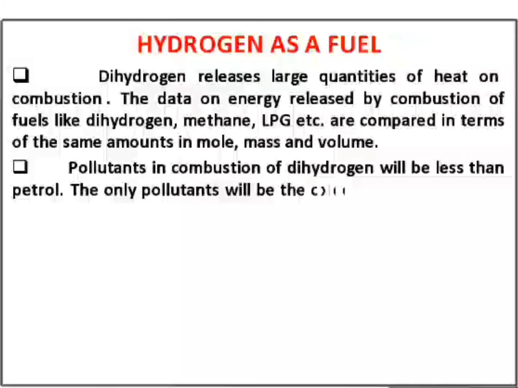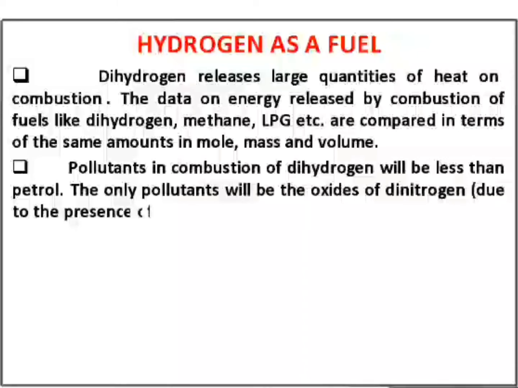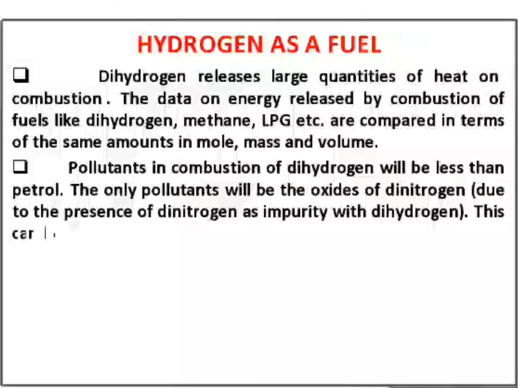Why is hydrogen better as a fuel? The reason is, other fuels are releasing pollutants in the atmosphere. Pollutants in combustion of dihydrogen will be less than petrol. The only pollutant of hydrogen will be the oxide of dinitrogen. Why?